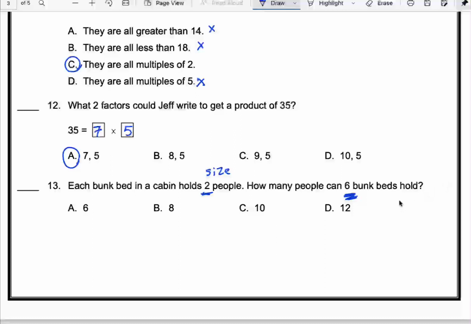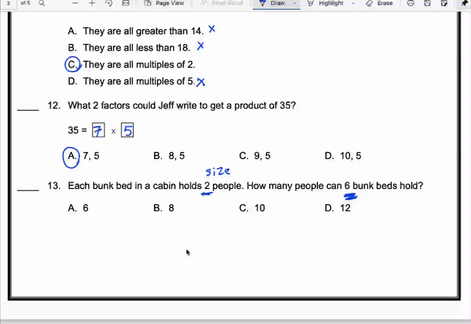Is this multiplication or division? We need to repeat the 2, right? You used addition?